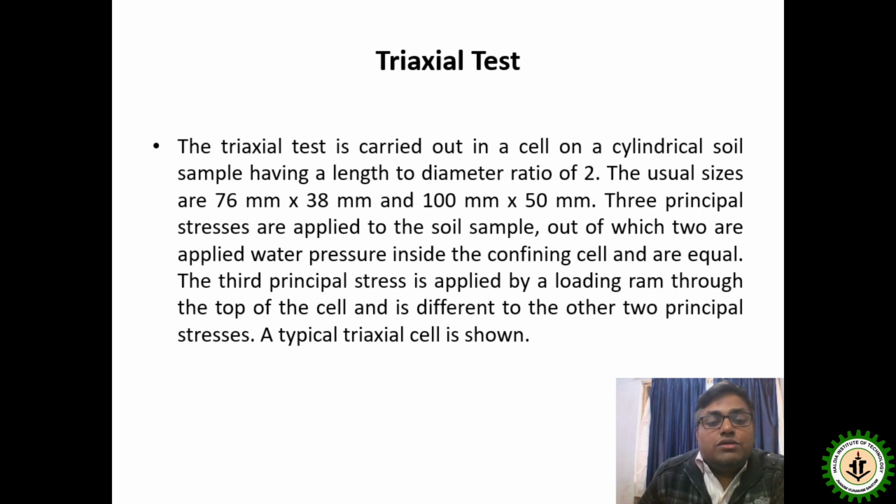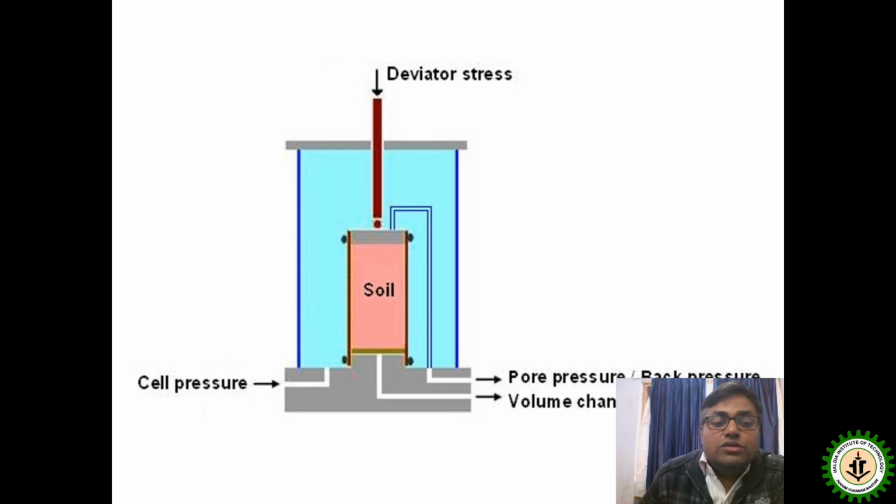Now coming to the triaxial test, it is the most useful one. So from the name you can understand, tri-axis means we have to apply the stress on the soil mass in three directions. That is like this one.